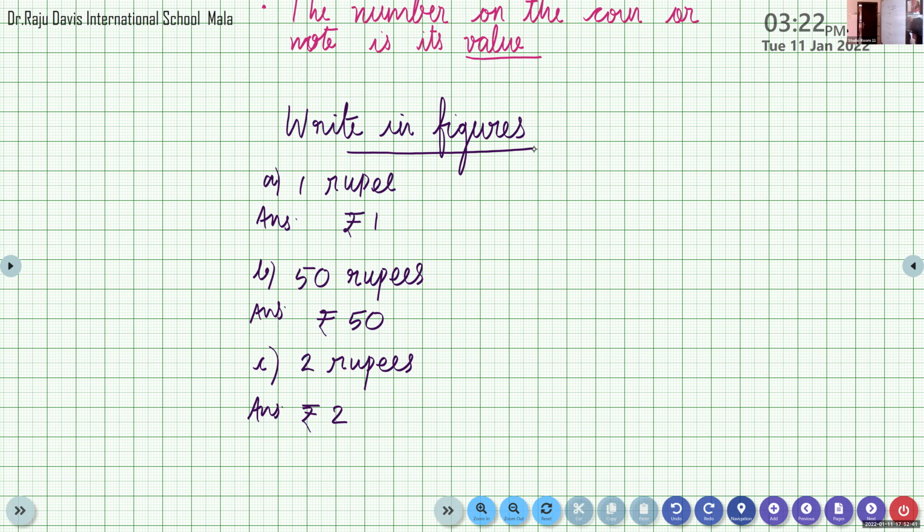Only this much for today. But you have to write and see the spelling. If you don't know the spelling of currency and rupee, you have to write and study in the rough book.